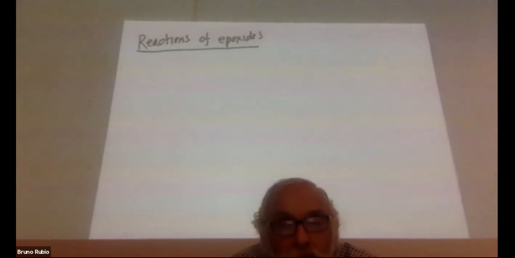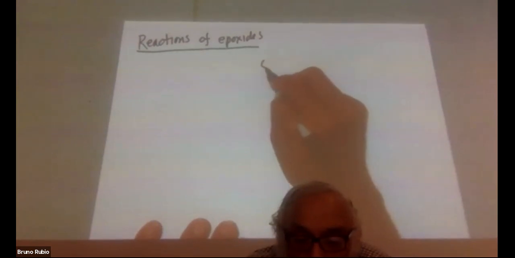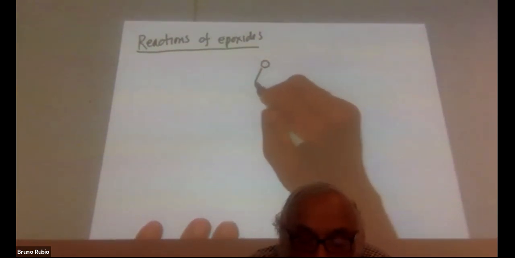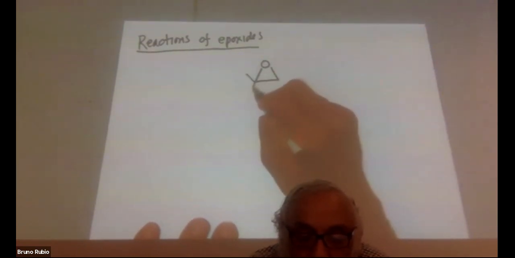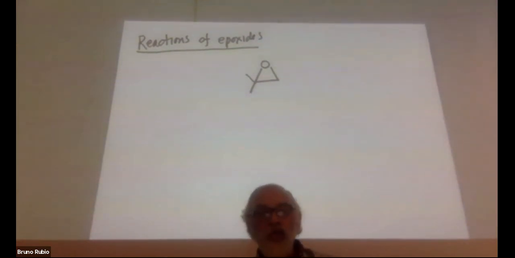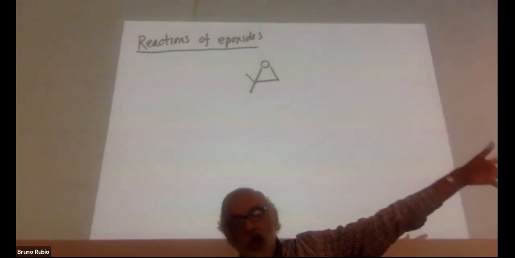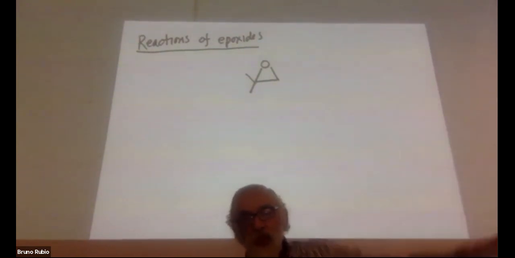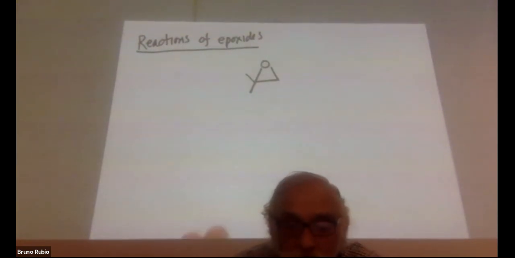All right, so many epoxides, but not all of them, have what could be considered a more substituted carbon and a less substituted carbon. Not all epoxides are like this, but many are. So there's an epoxide, the carbon on the left is the more substituted, the carbon on the right is the less substituted.